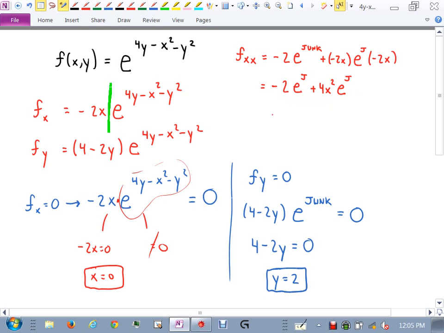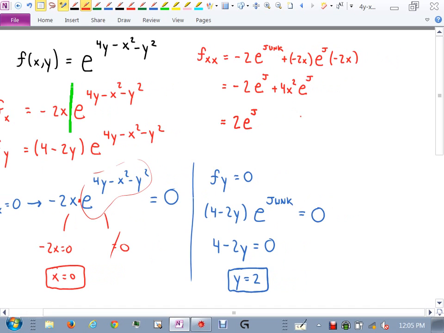I can pull a 2e to the junk out and be left with 2x squared minus 1. I just rearranged things here. The 4x squared, I'd pulled a 2 out, so there it is, and I pulled a 2 out of this and it left me with a negative 1. That's kind of a clean version of fxx, isn't it?